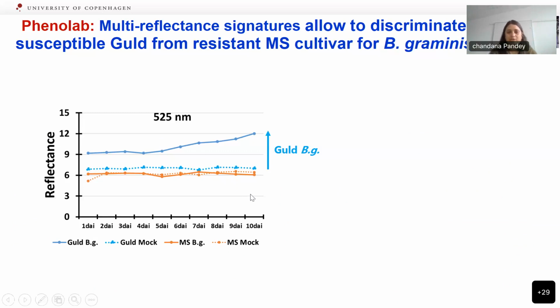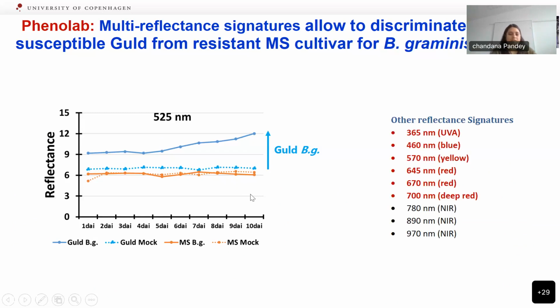So we can use this particular wavelength for further investigation. And these are the wavelengths which show the same kind of pattern that we are seeing with 525 nanometer. But there was no impact of 780, 890 and 970 nanometer for the sensitivity of cultivar.